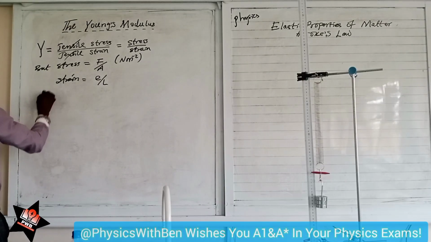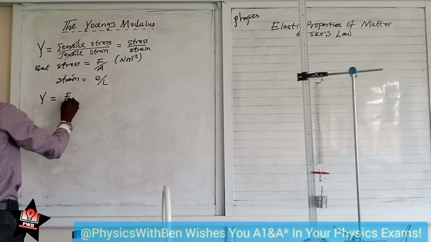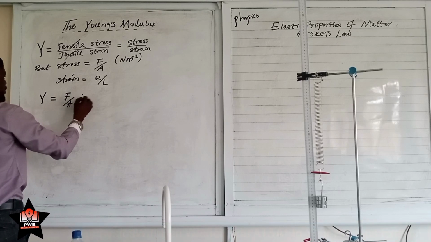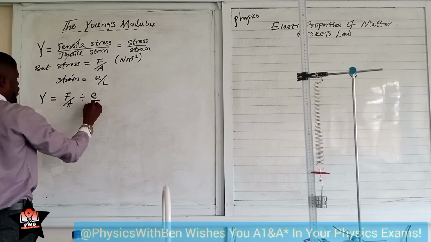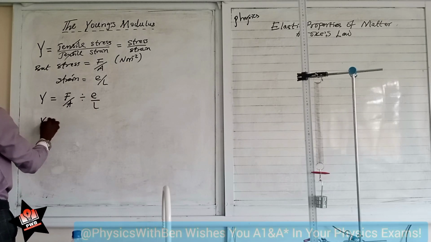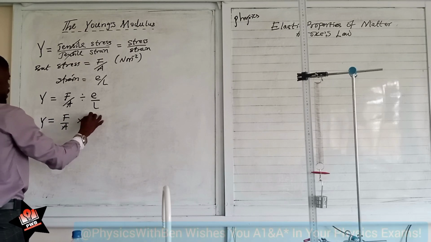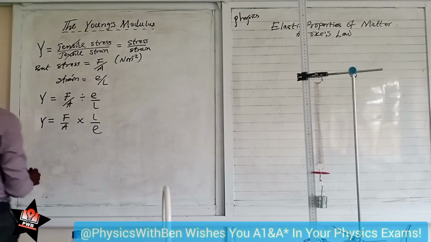So we define the Young's modulus as force divided by area, divided by extension all over original length. If you evaluate that correctly, you have the Young's modulus as force over area times L all over e.